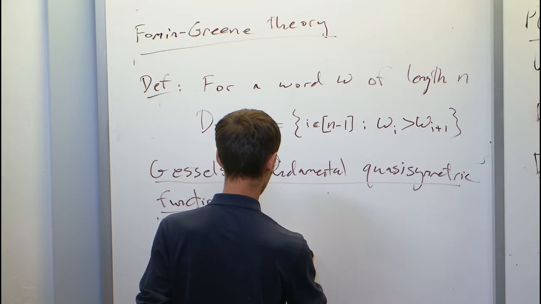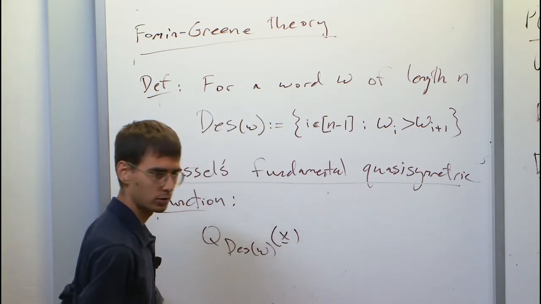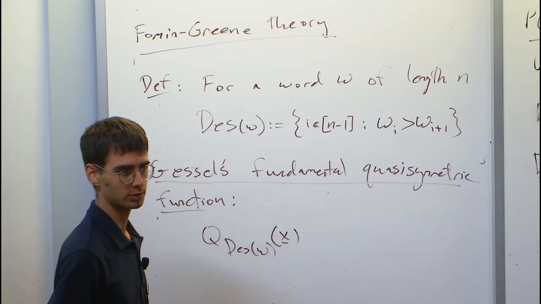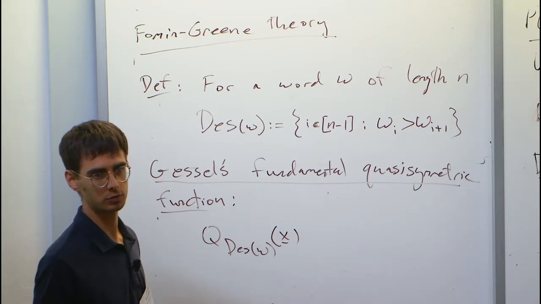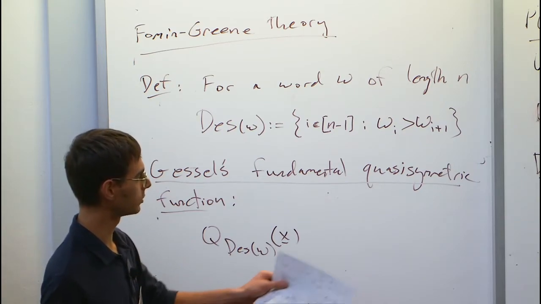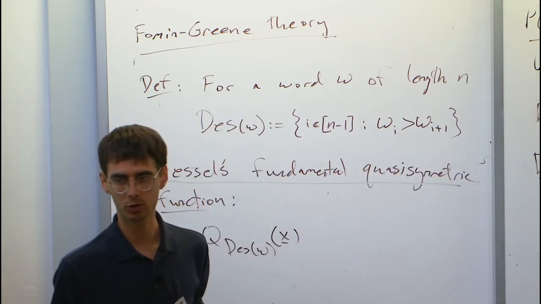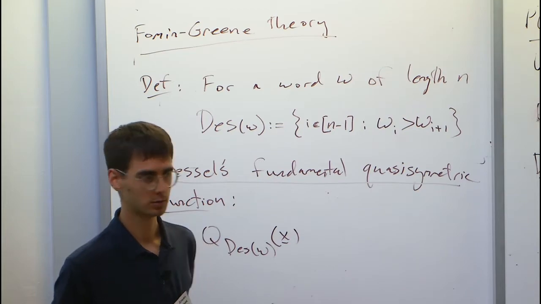So this is in now commuting variables x1 up to xn, or let's say infinitely many commuting variables. So I have two sets of variables I'm working with. I'm working with these u's, and I'm also going to be working with commuting x_i.